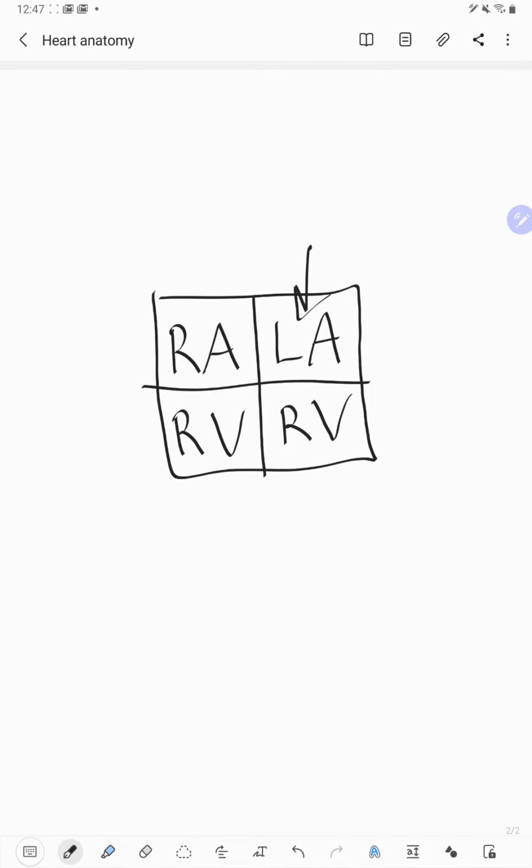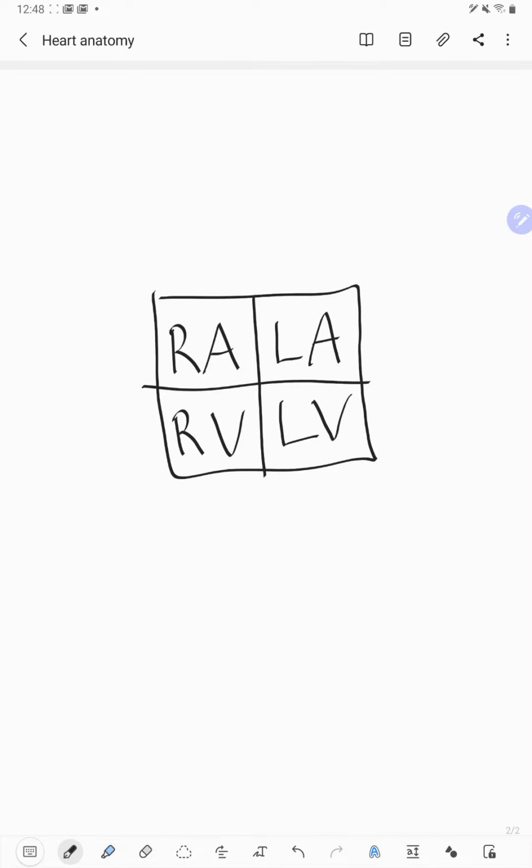Right here, we've got the left atrium. Here, we have the right ventricle. And here, we have the left ventricle. So those are the four chambers of the heart.